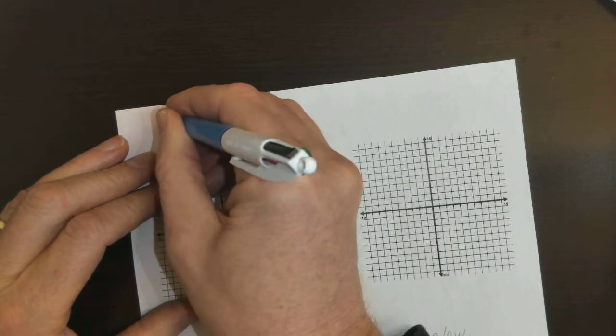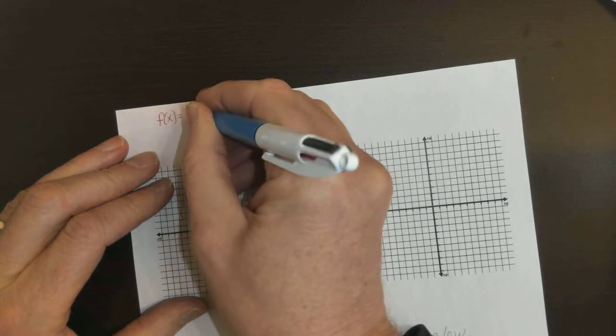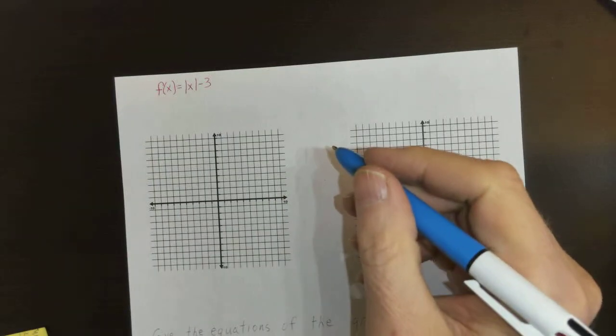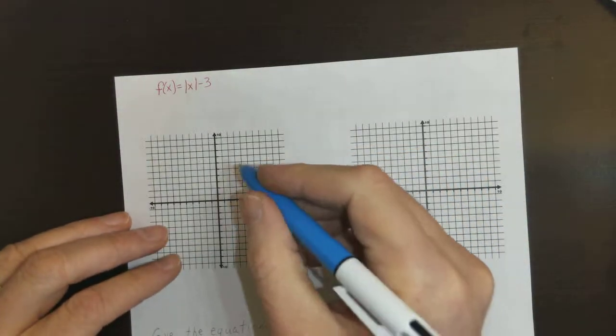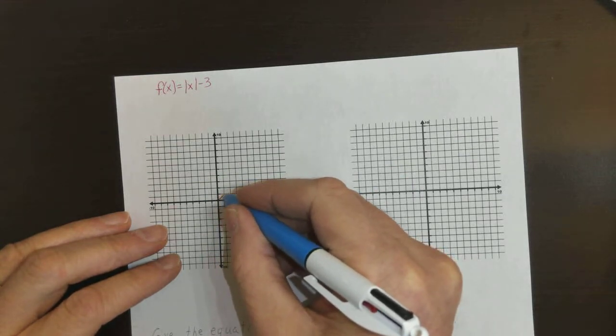The first one I want to graph is f of x equals the absolute value of x minus 3. So, let's remember the absolute value of x. I'm going to graph that.